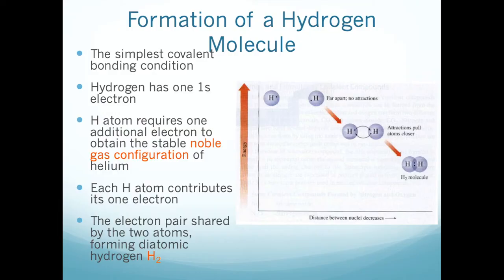So here we have two hydrogen atoms making up a hydrogen molecule, and the formula for this hydrogen molecule is H2. Right? So the 2 in there refers to the fact that there are two hydrogen atoms in our one hydrogen molecule. Now, we call these types of molecules diatomic molecules. They are molecules made up of two atoms.